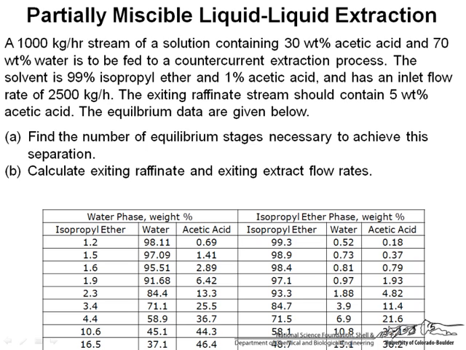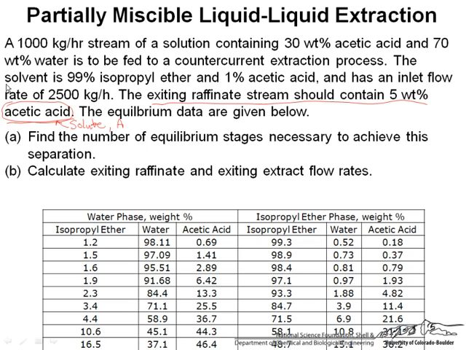I think the first thing to do here is to determine what your solvent is, what your solute is, and what our diluent is. The thing we're trying to clean up is acetic acid. We know that the exiting raffinate stream should contain 5 weight % of acetic acid. That means that acetic acid is going to be our solute, and we'll designate that with an A. We are given what the solvent is.